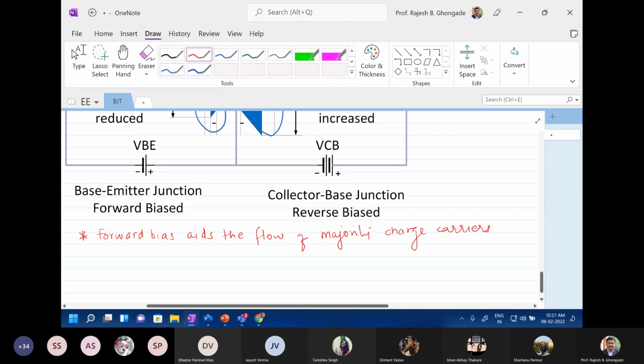And we have a corollary to this. What is that? Reverse bias aids the flow of what? Minority charge carriers.